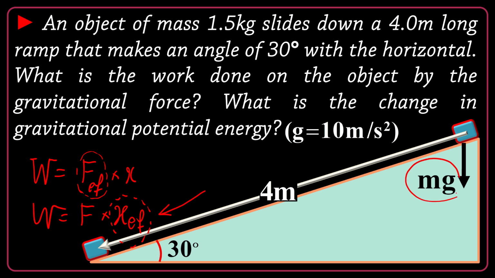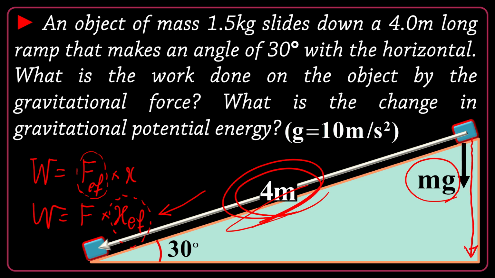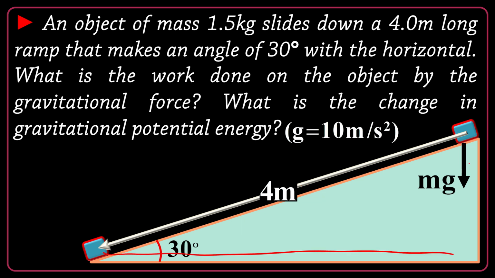Here I have a force downward, so effective displacement is going to be the component of the real displacement along the force. The force is vertical, so I have to make a decomposition on this vector, the vertical decomposition, to make the effective displacement. Let's say the effective downward displacement is delta H. In this right triangle, I have a vertical side for delta H, and this is the opposite side to 30 degrees.